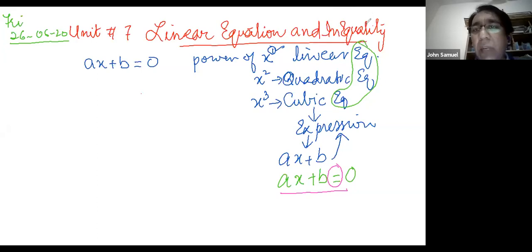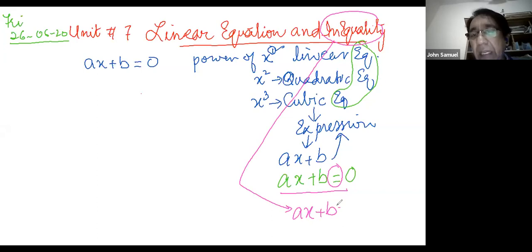And for inequality, remember for inequality, we could write it like this: ax plus b is not equal to 0. One form. Second form, ax plus b is less than 0, or ax plus b is greater than 0.